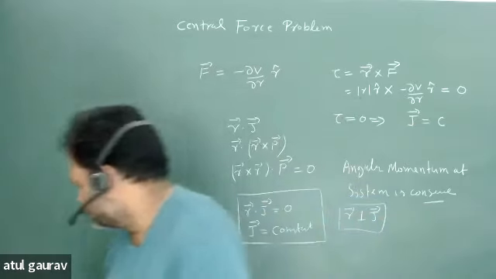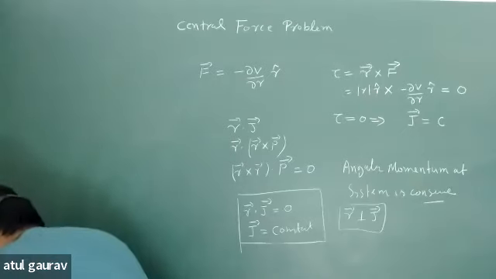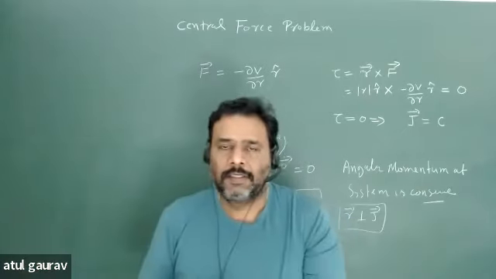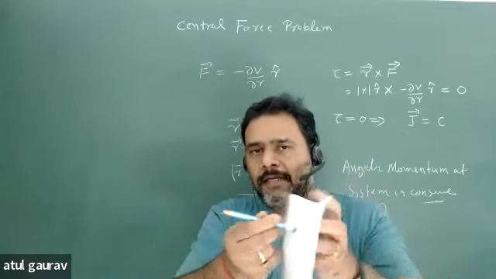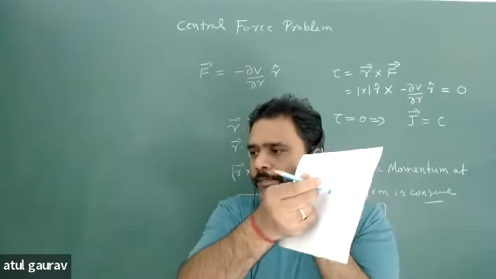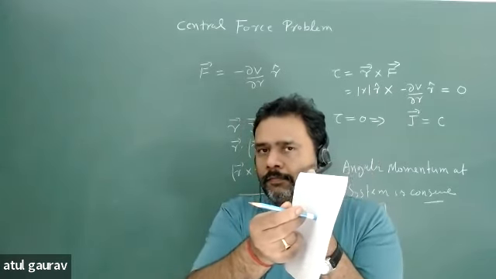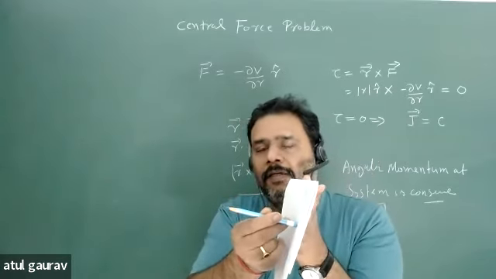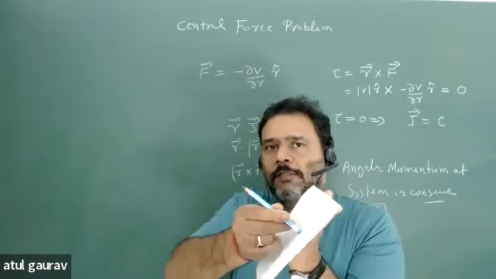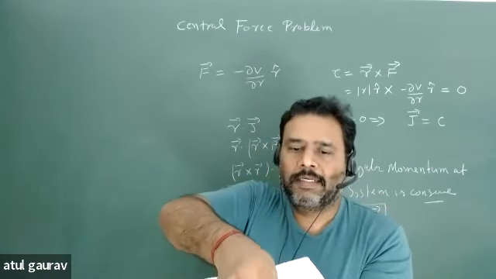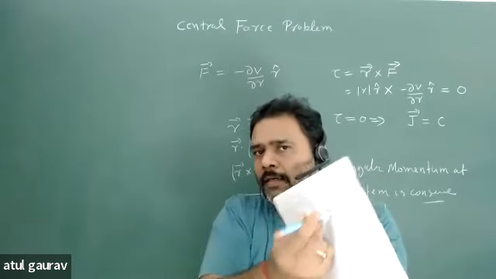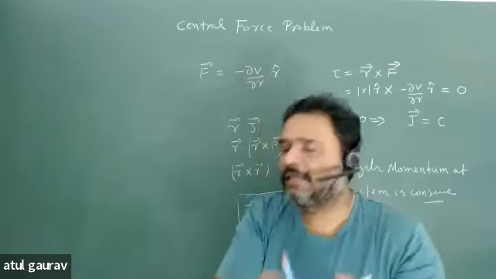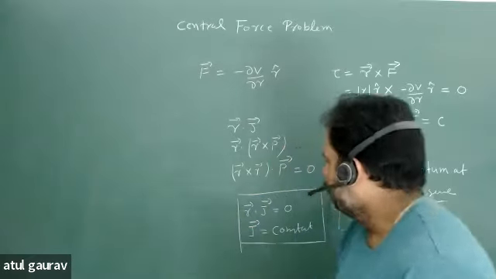You can just assume that this pencil is the direction of J, and in this plane you have R. And if this J is going to change, this whole plane is going to change. But look at what is going to happen.